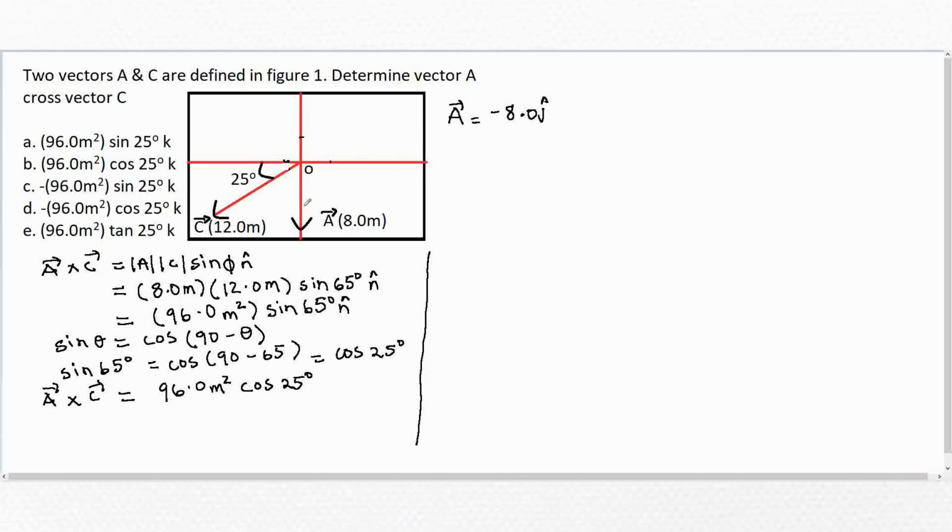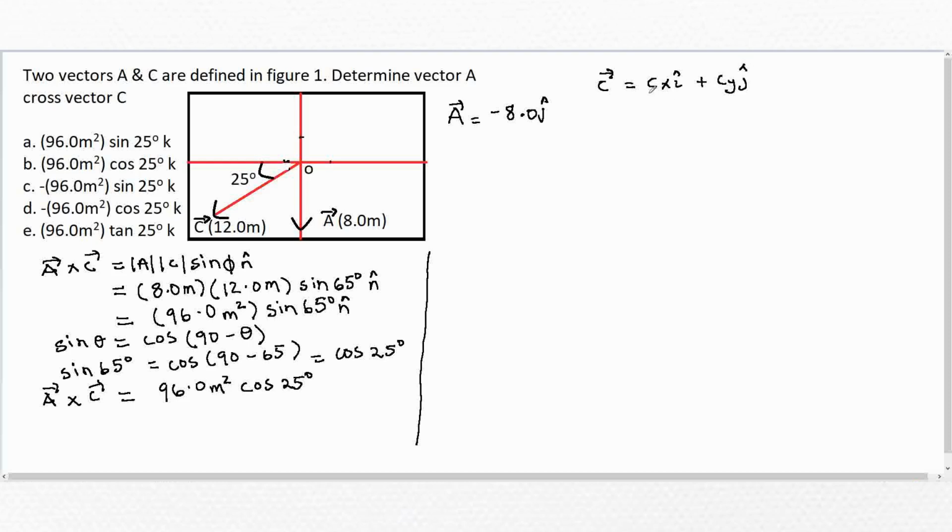It is along the negative y-axis, so it has no x component and no z component. On the other hand, the vector C can be written as Cx i hat plus Cy j hat.